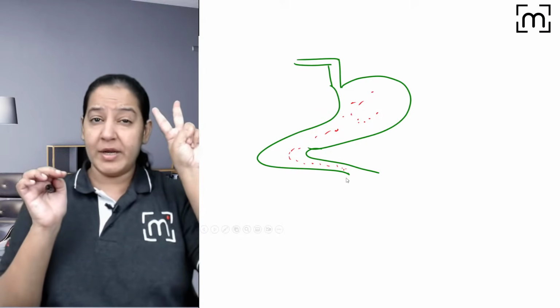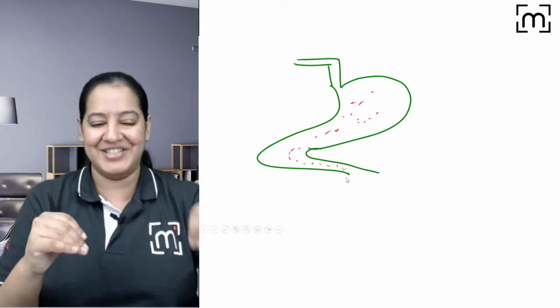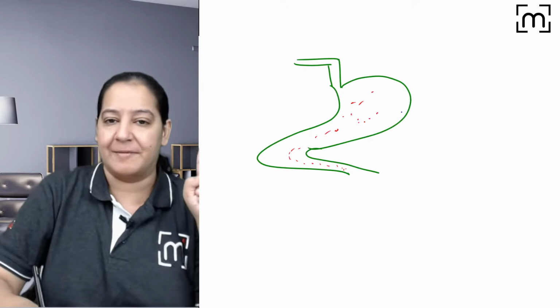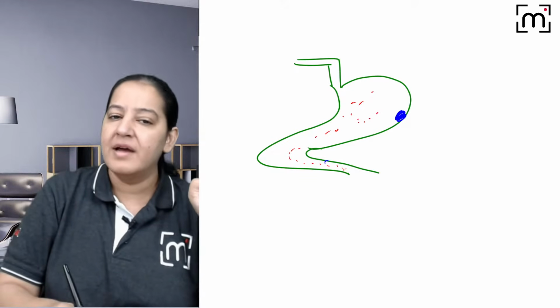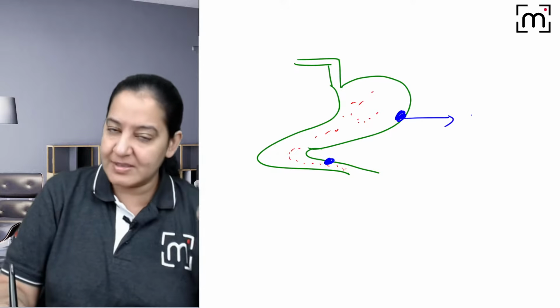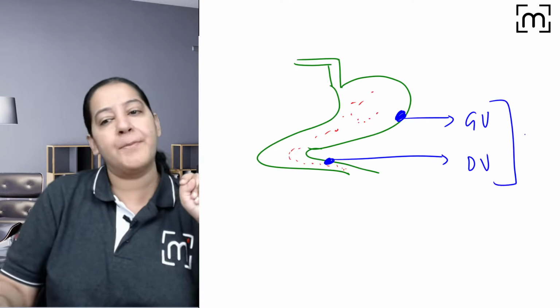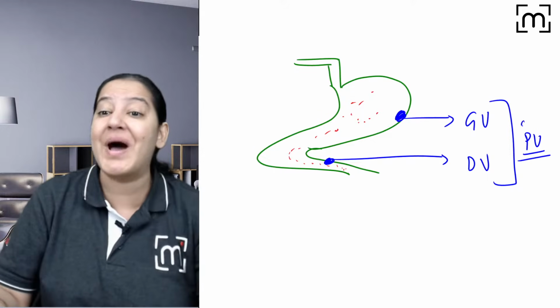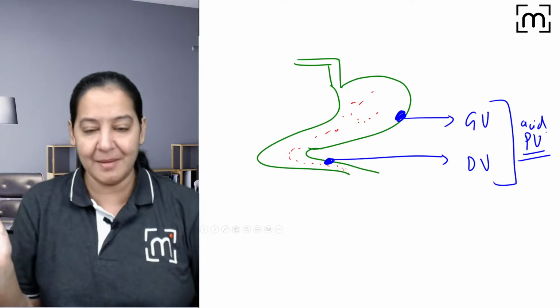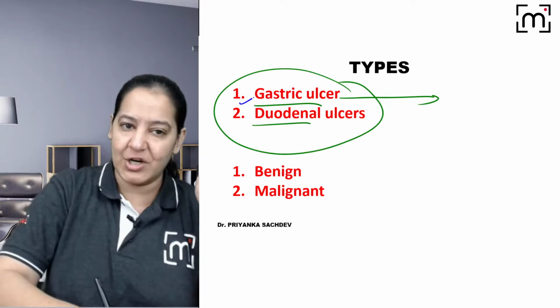So acid is present only at 2 portions, the stomach and the duodenum. That's why the peptic ulcer can occur in the stomach or in the duodenum. If it occurs in the stomach, gastric ulcer. If it occurs in the duodenum, duodenal ulcer. Both are peptic ulcer because both are due to acid oversecretion. Give me a thumbs up, right? So it is of two types, the gastric one and the duodenal one.